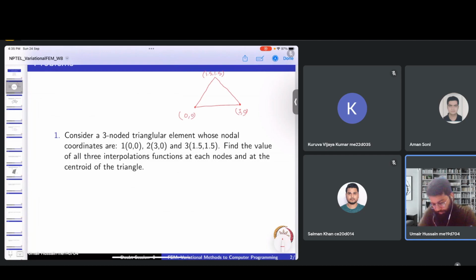Find the value of all three interpolation functions at each node, then at the center of the triangle.